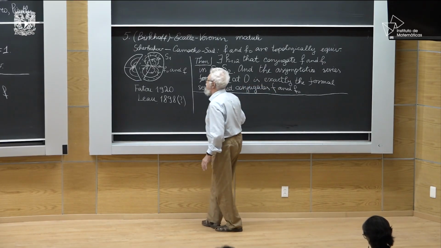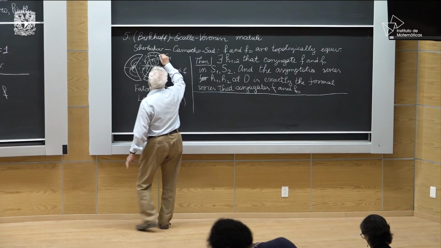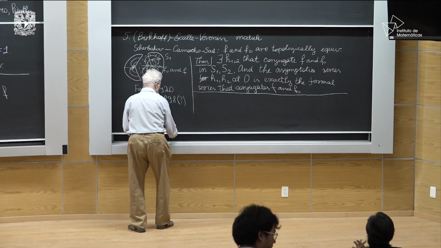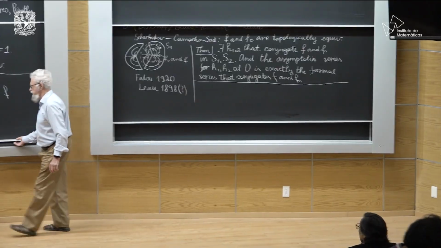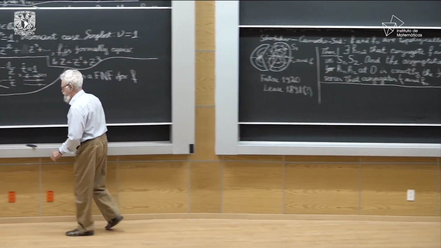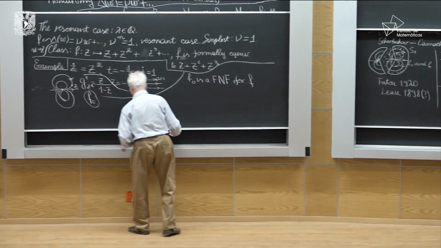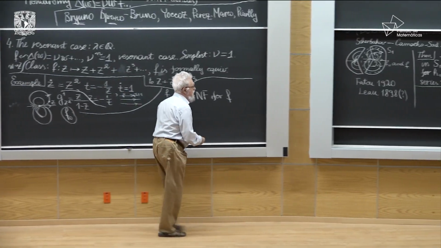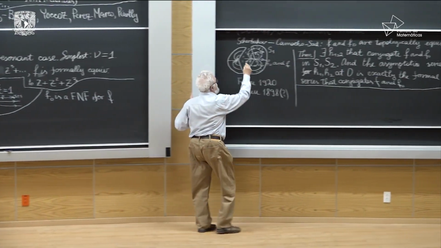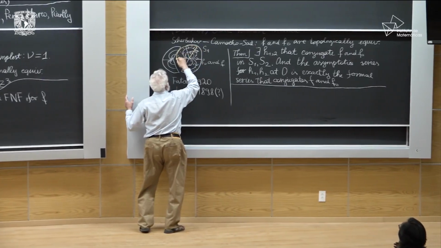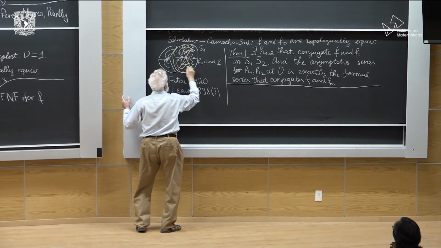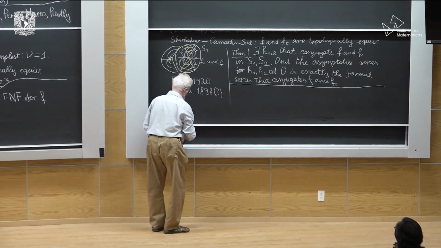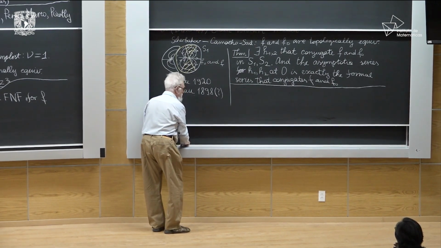And the intersection of these two sectors, I will now plot the sector S2 here. In the intersection, the transition map is well defined.